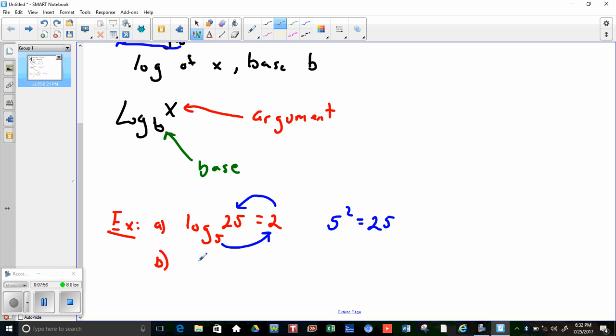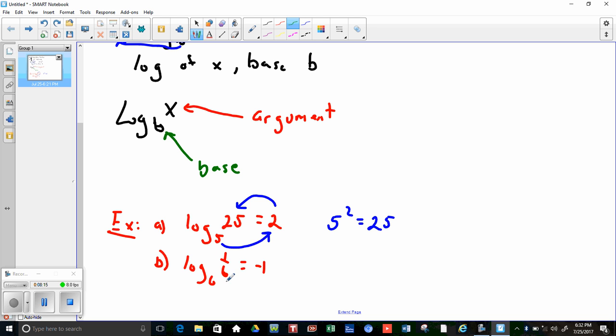So we're going to try another one. If I have the log of 1/6 base 6 equals -1, let's see if this makes any sense.